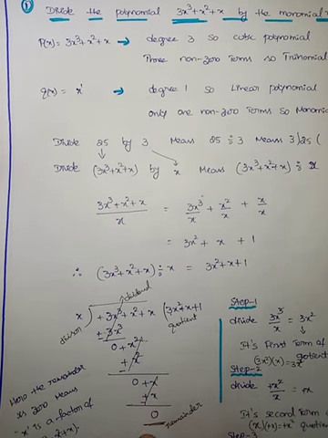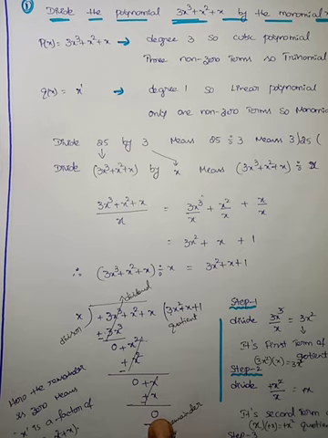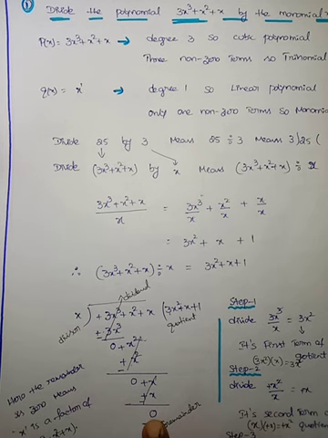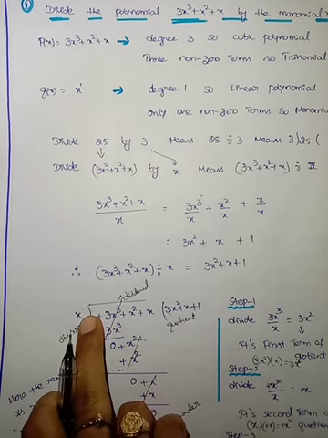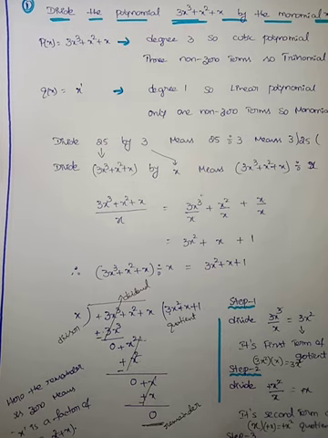When the remainder is 0, or when the degree of the remainder is less than the degree of the divisor, in these two conditions you have to stop the problem.